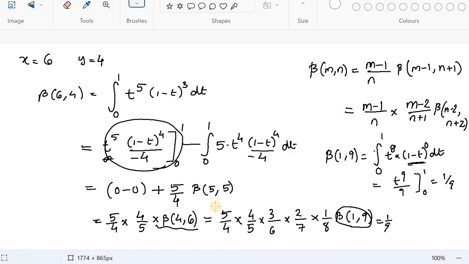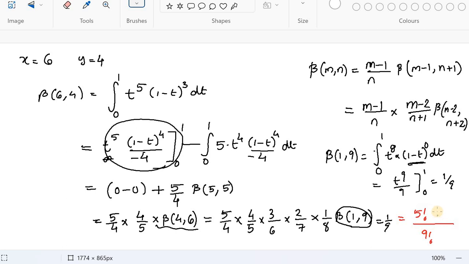So this beta of 1 comma 9 we can write as 1 by 9. So altogether it becomes 5 into 4 into 3 into 2 into 1, that is 5 factorial, divided by 4 into 3 into 5 into 6 into 7 into 8 into 9. That is 9 factorial, but 1 into 2 into 3 are missing, right?